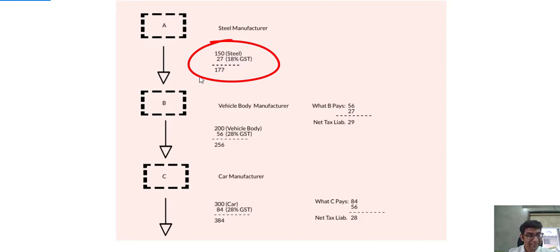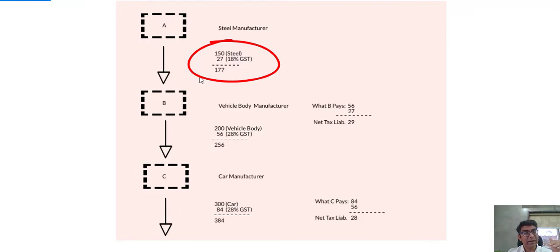Now B gets the steel to his warehouse and he gets to work. He takes the steel and manufactures the body of the vehicle. When he manufactures the body of the vehicle, he has added value, because the steel is just raw material, just like cloth that a tailor takes and makes a shirt out of, thereby adding value.